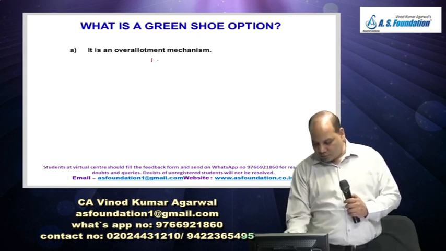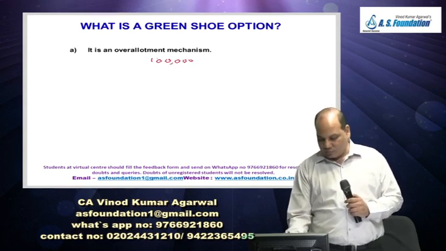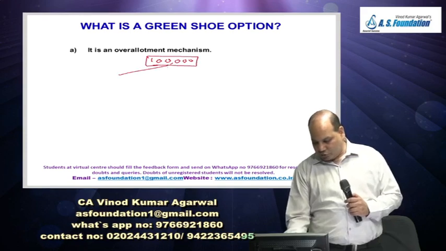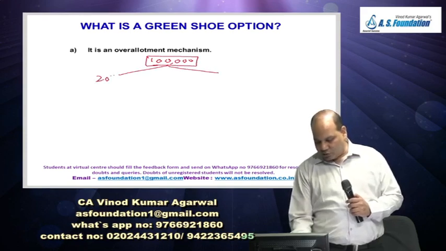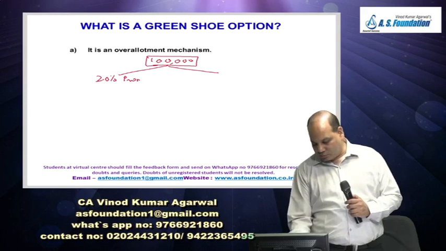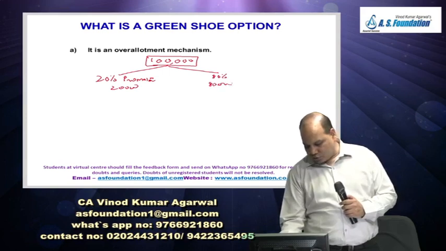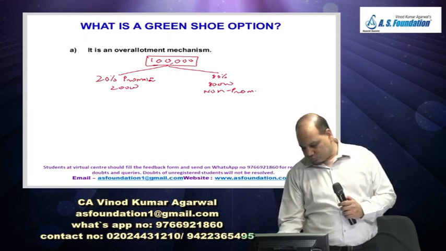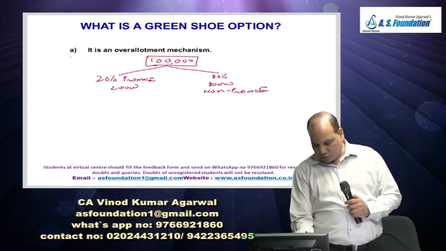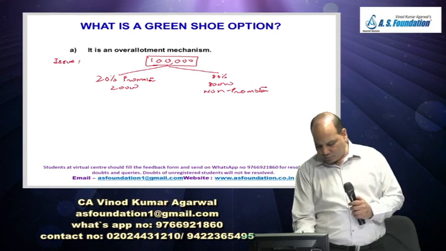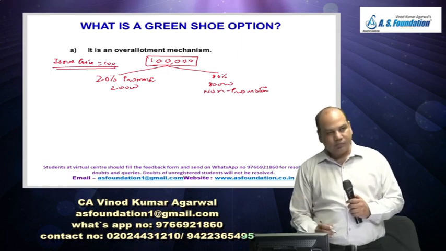Say for example, the company wants to issue 1 lakh shares. As you know, 20% shares will be issued to the promoter, 20,000, and 80%, 80,000, to be issued to non-promoter. And suppose the issue price is 100 rupees.